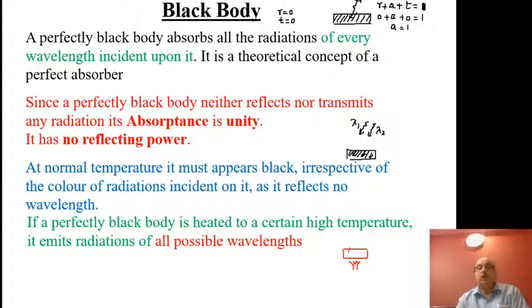And the radiated energy from this perfectly black body will have all the wavelengths which are possible. So lambda, the radiation wavelength, will be 0 to infinity.